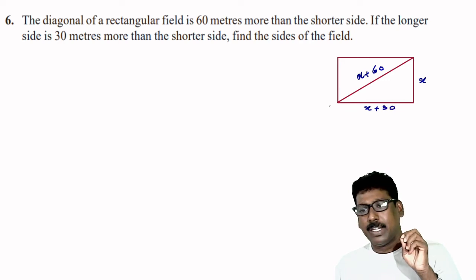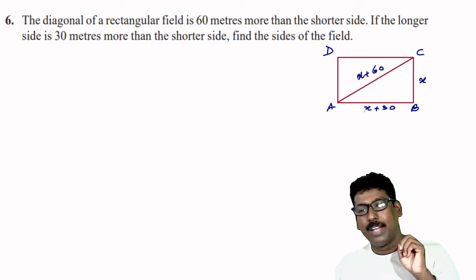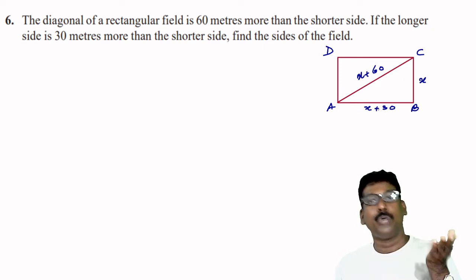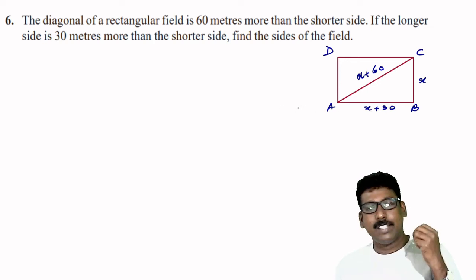Let me name the rectangle as A, B, C, D. Here you can see ABC is a right angled triangle and sides are given. So you can use Pythagoras theorem. So let us write all this detail.